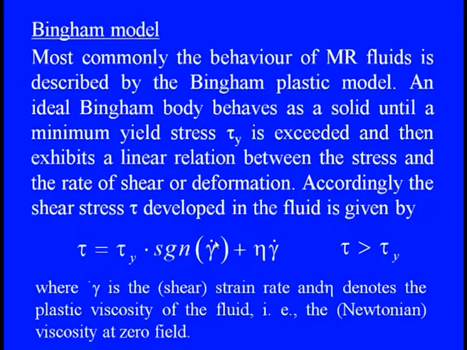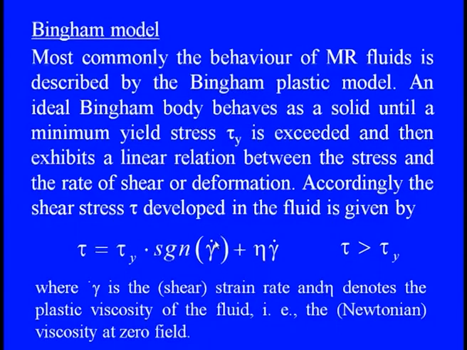And then we can go with the same kind of relation: the shear stress tau, which is developed under the action of the magnetic field with the nanoparticles, is equal to tau y, that is my minimum yield stress, at which there is a conversion from solid to liquid phase, or we can say from non-Newtonian to having some kind of linearity.